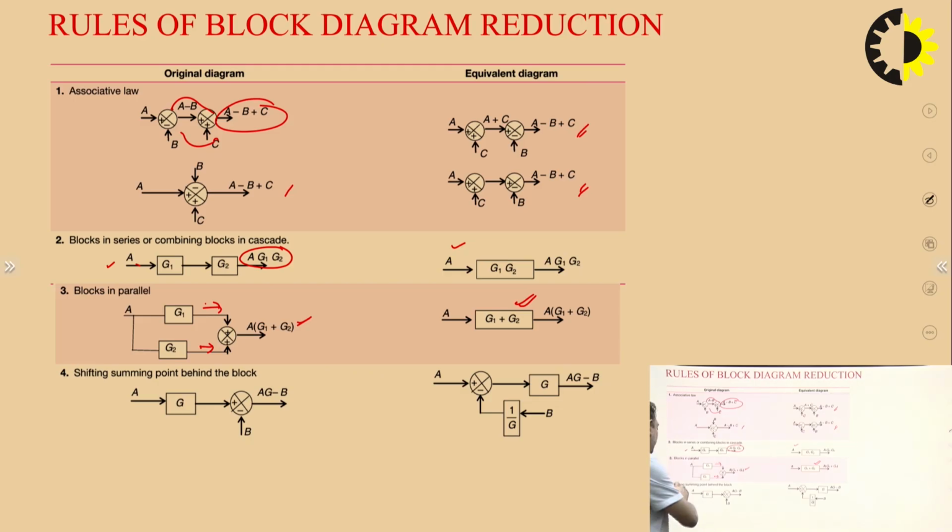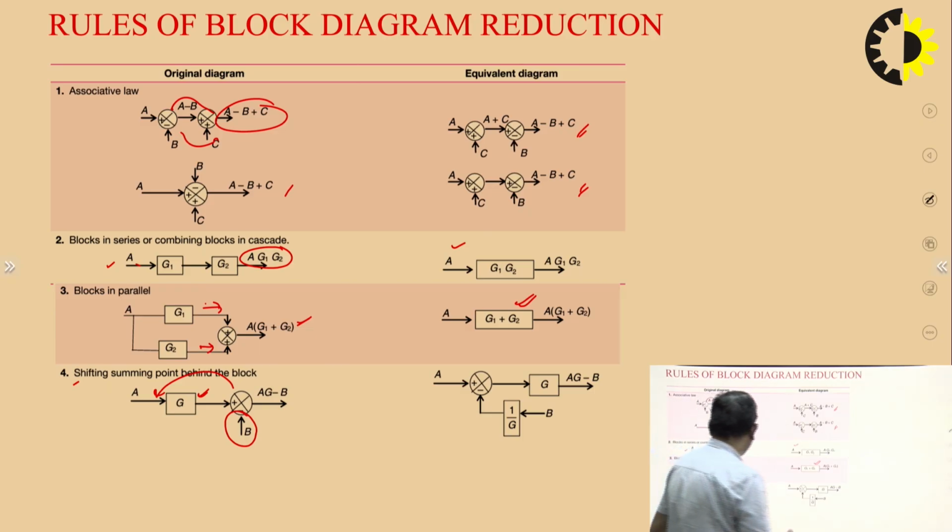Okay, so here the rule is shifting summing point behind the block. So this is your summing point. What we are doing basically, we are shifting this summing point behind this block. So the important thing is that whenever we are shifting the summing point behind the block, then the feedback path associated with that summing point gets multiplied by the transfer function of the block before which we are placing our summing point.